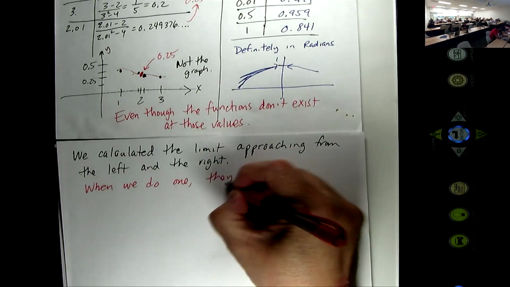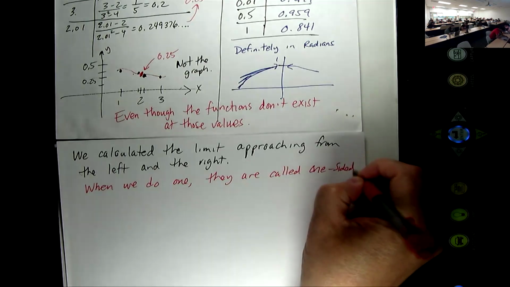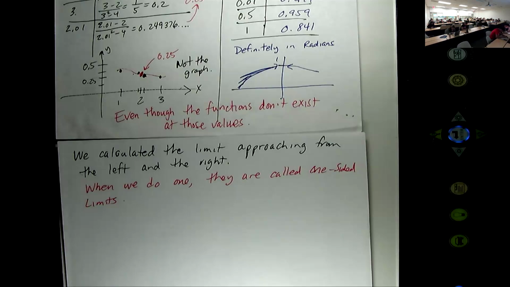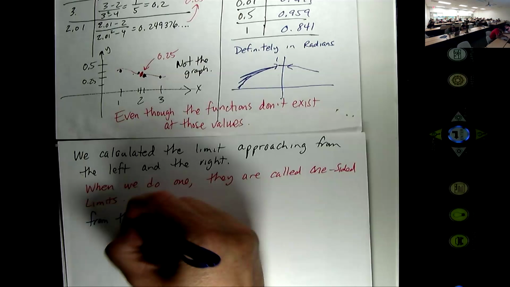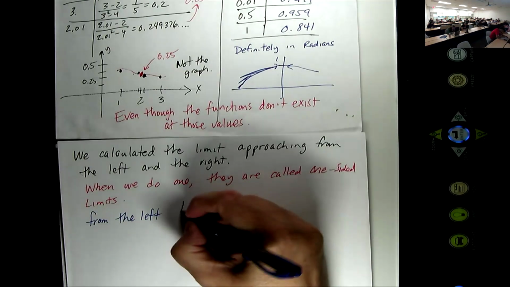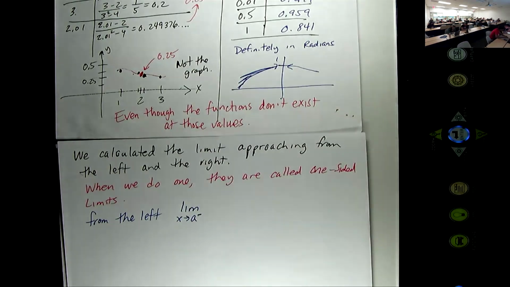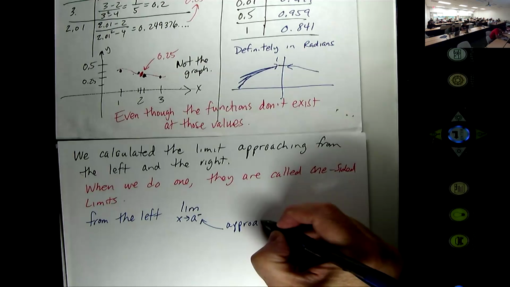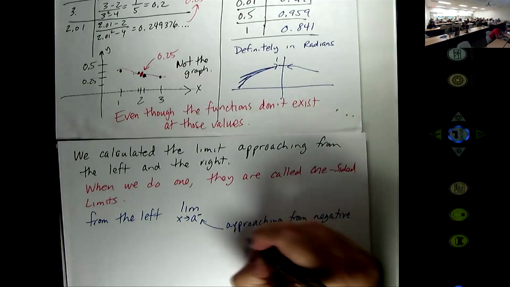They are called one-sided limits. And the notation we use from the left: limit as x approaches a, and we put a little minus sign to say it's approaching from the negative side. Left side.